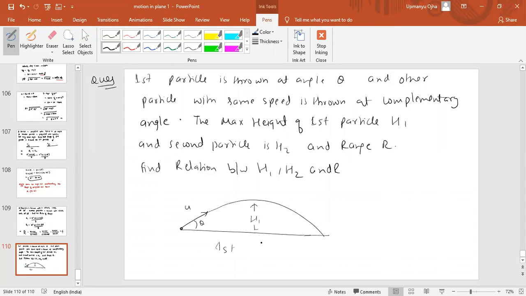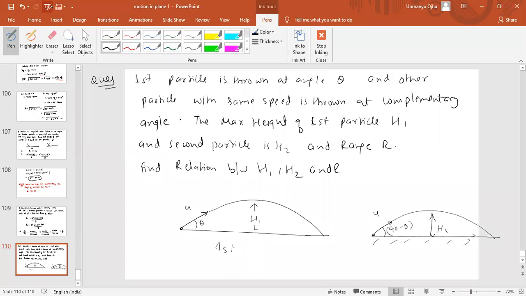For the second particle, we are throwing the object with speed u, angle 90 minus theta, the complementary angle. Now the height is h2.